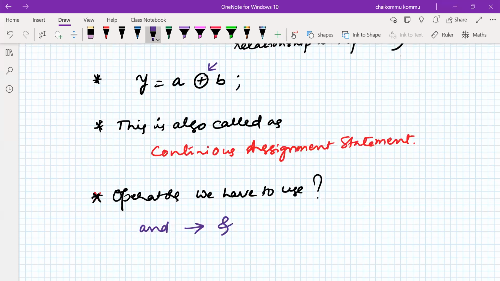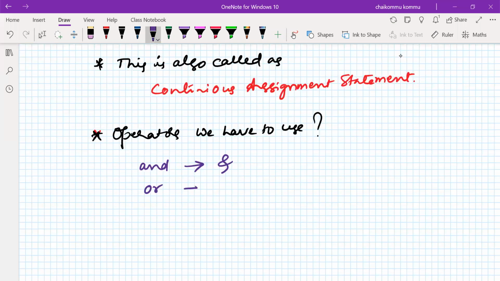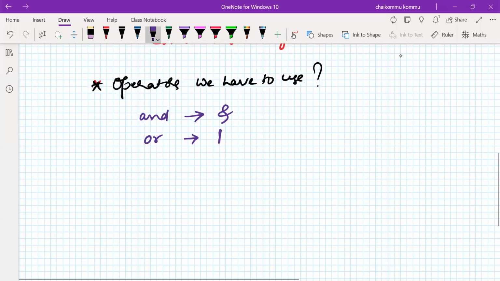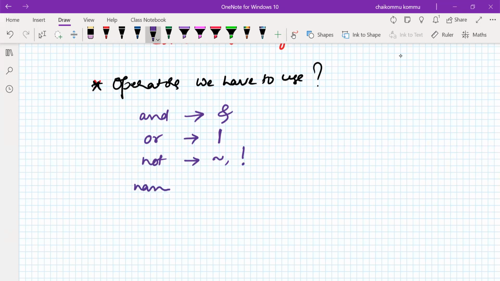AND operation is represented by this one, OR is represented by one line here. For negation I can use this, or an explanatory statement also I can use. NAND, not AND, that I have to use. This is the best choice.